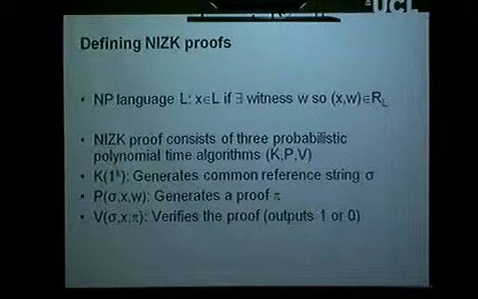And then we have the algorithm run by the prover, which takes as input the common reference string, the statement, and the witness, and outputs a proof. And then we have the verifier's algorithm, which takes as input the common reference string, the statement, and the proof, and either accepts or rejects the proof. Usually the verifier is actually a deterministic algorithm.